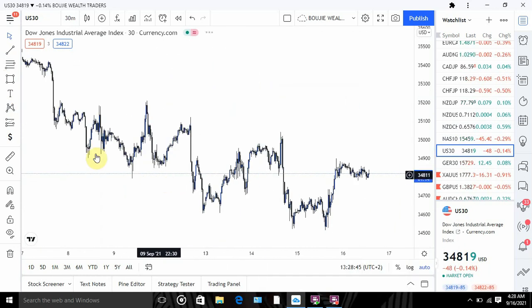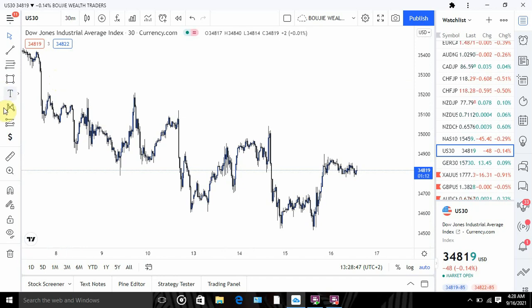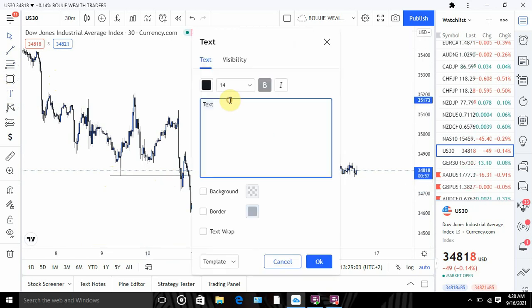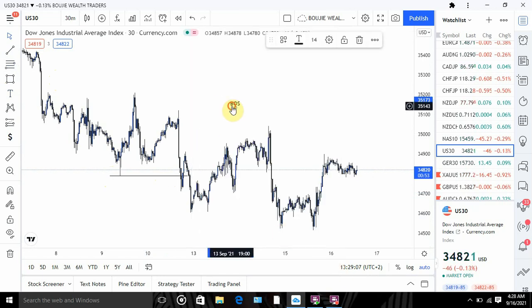Let's check here another downtrend. Here is a low that we just broke. This is the low, which is our break of structure.